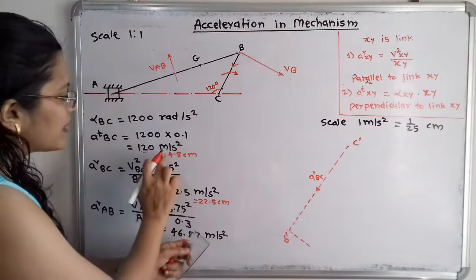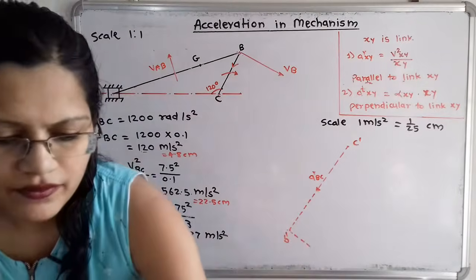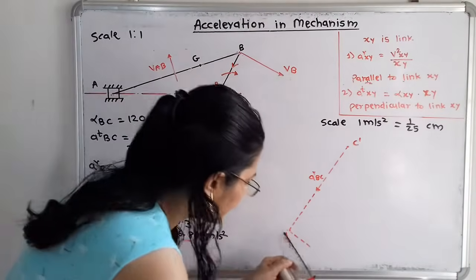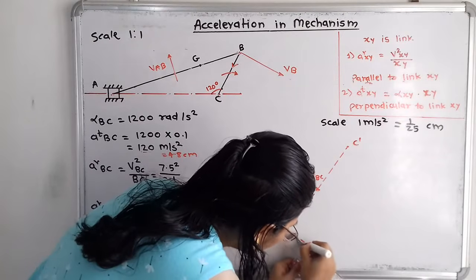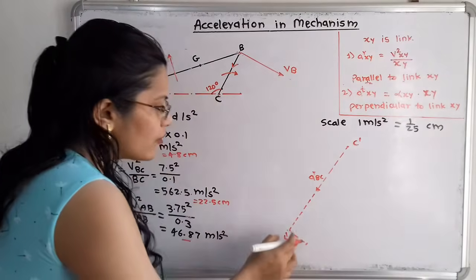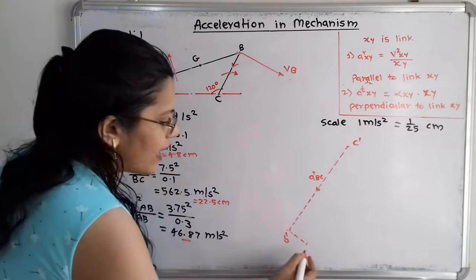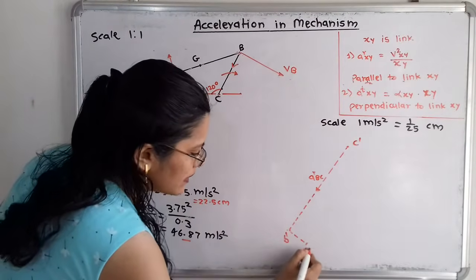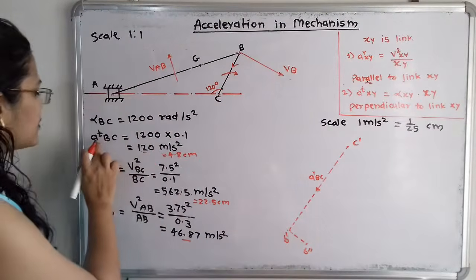So now I have to take scale 4.8. So I will take here with this scale 4.8 centimeter. So here is the point. So now this is the tangential component from this point B dash. So I will write here as B double dash. So B dash to B double dash is the tangential component.